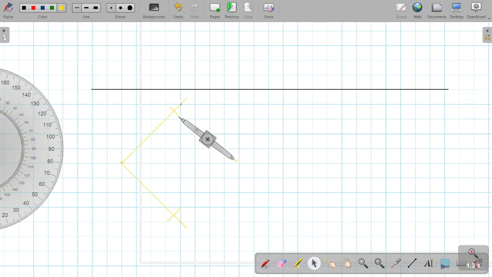Now keeping the same measurement, keep the compass at this particular point and make an arc here. Similarly from this point, make an arc at this particular location. Now we can complete the square by making dark lines, starting from this point.